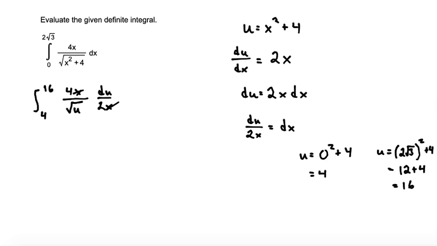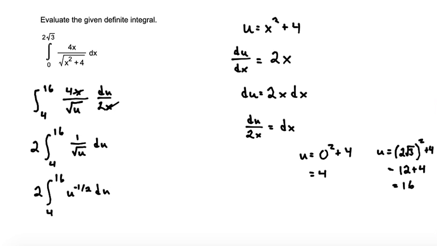The 4 over 2 will go to 2, so I'll pull a 2 through to make it 2 times the integral from 4 to 16 of 1 over root u du, which I can write root u as u to the 1/2 and put it on the top as u to the negative 1/2. So this would be 2 times the integral from 4 to 16 of u to the negative 1/2 du.